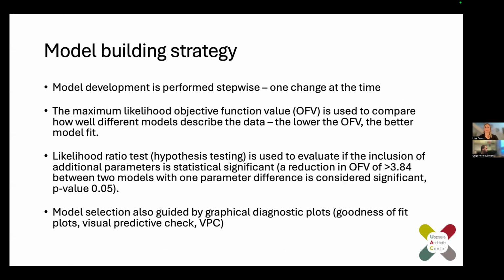Lisa, can you just remind me quickly how often the samples were taken for the concentrations? So the first week after inclusion, we took 6 samples within one dosing interval. So we took them just after end of dose, after 30 minutes, after 1 hour, after 2 hours, 4 hours, and just before next dose.